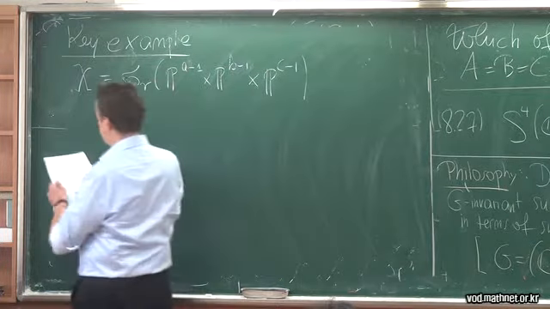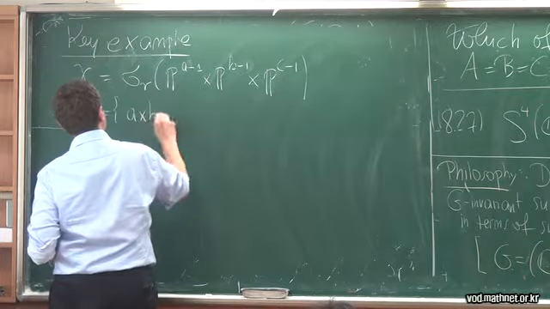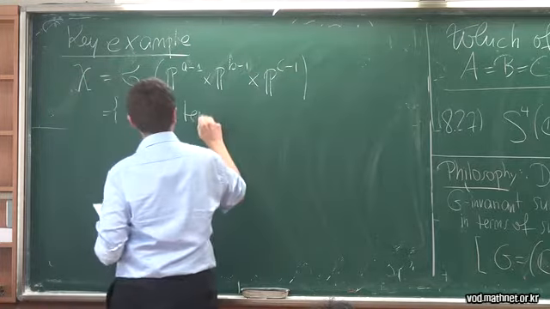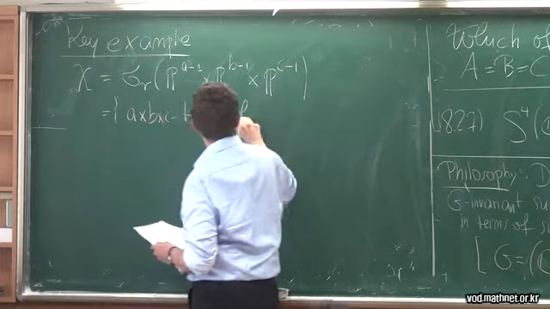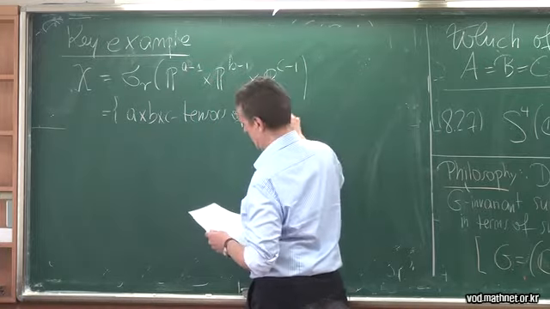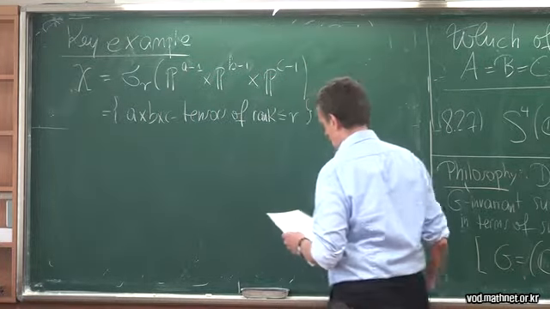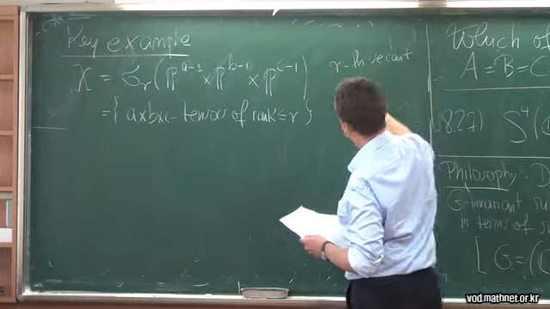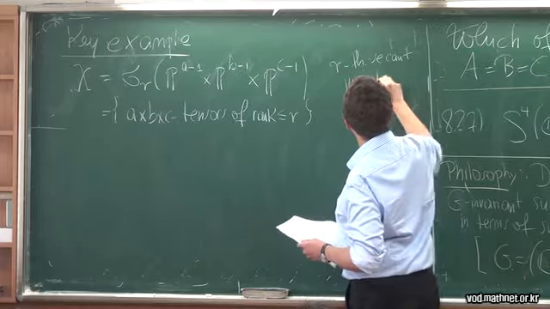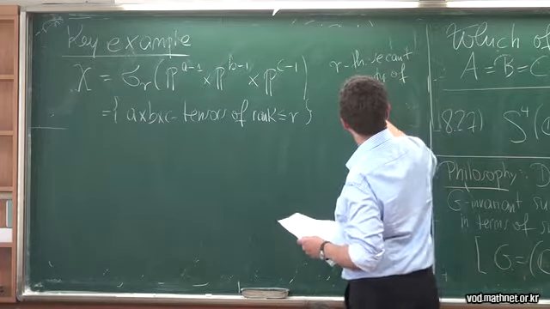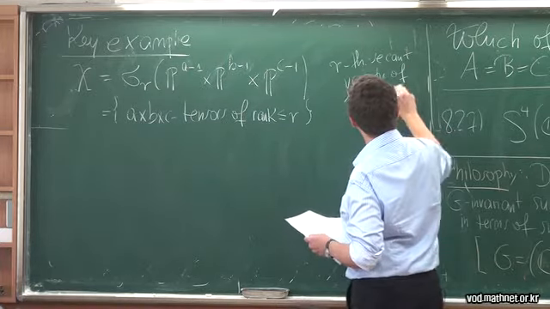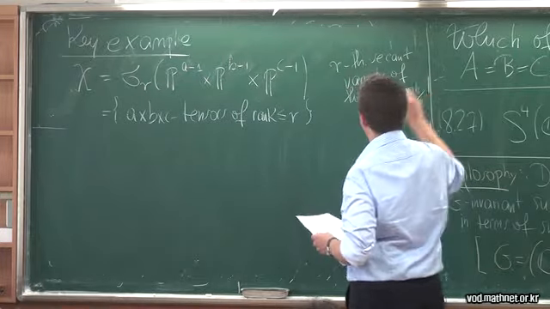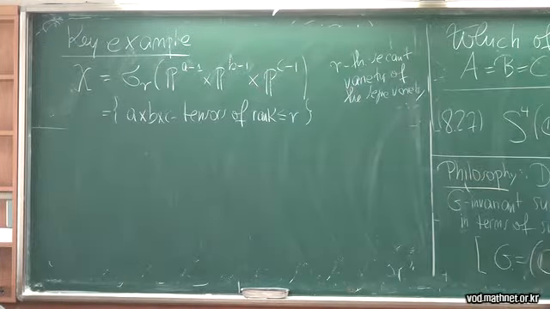So this is A by B by C tensors of border rank at most r. This is the rth secant variety of, let's say, the Segre variety, and an object of great importance in algebraic statistics.